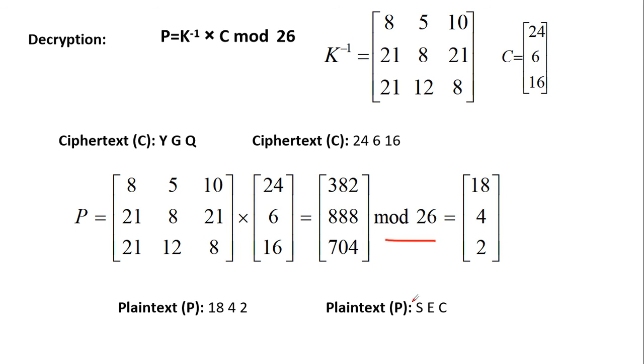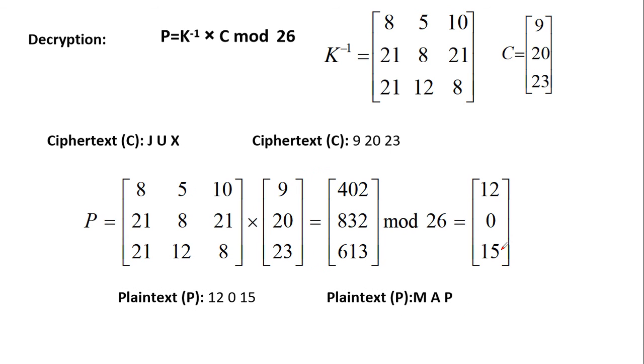We are getting this. So we are getting the original plain text, SECRET MAP, the first 3 characters. Next, this is the simple step. Now again we are taking this K inverse, multiplying the next cipher text characters, then again apply the mod 26 operation, and we are getting the next 3 plain text characters, that is nothing but the MAP.